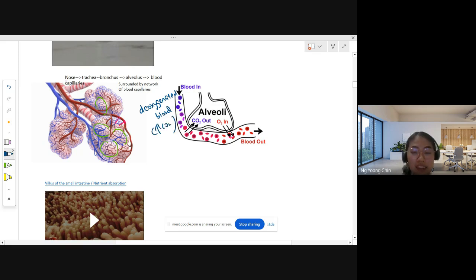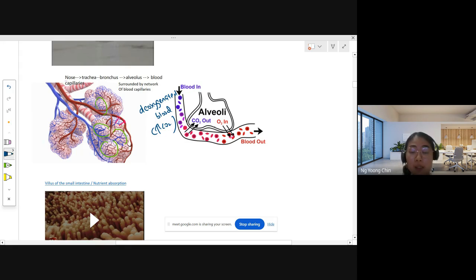So when this carbon dioxide rich blood flows through the alveolus, it causes the carbon dioxide to diffuse from the blood capillary to the alveolus. They unload the carbon dioxide to the alveolus.